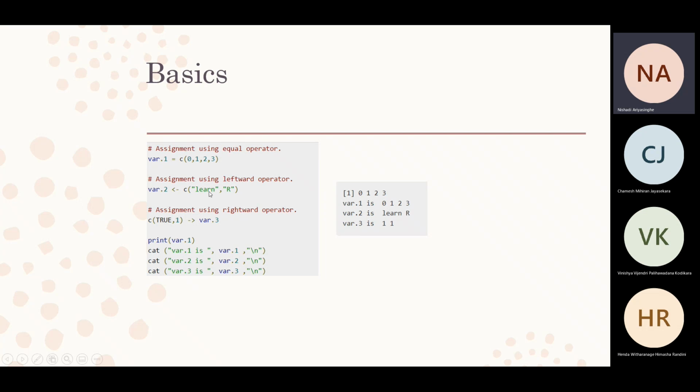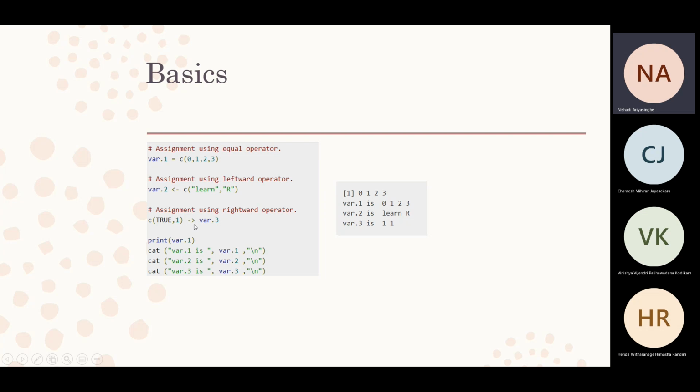Learn R. The leftward operator has been used here, and these characters will be printed like this. Then if we print variable 3, true will be printed as 1, and 1 will also be printed as 1. So you can see here it is the same thing. Even if we use different kinds of assignments, the same thing has happened, whether the equal sign, the leftward operator, or the rightward operator.